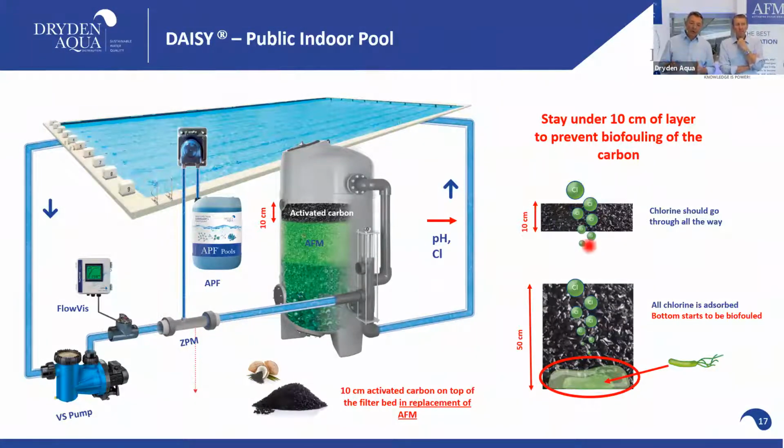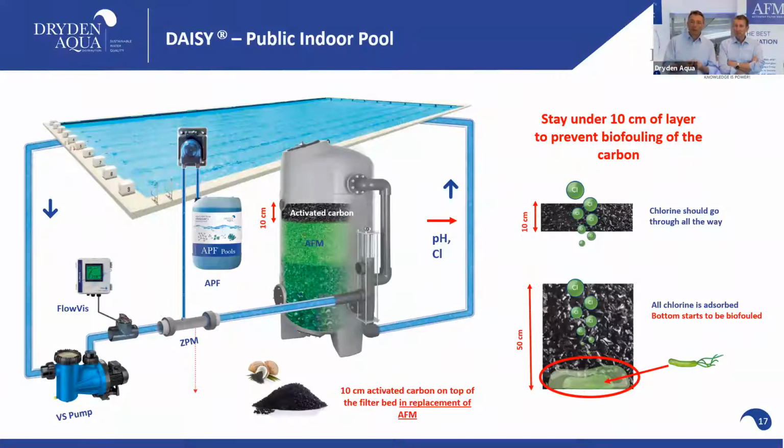If you go with a big layer, here it's not the more the better. After 20 centimeters, you lost all your oxidation, and then you have no oxidants anymore. You do not form any more free radicals. The carbon becomes like a sponge, where the organics which are coming through are absorbed.